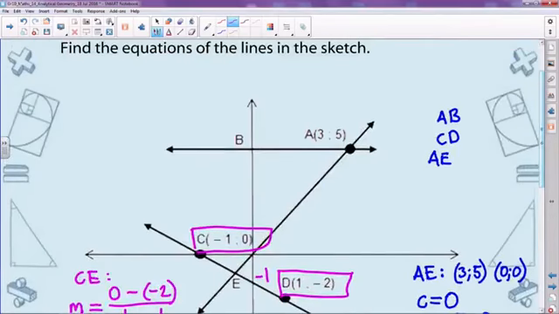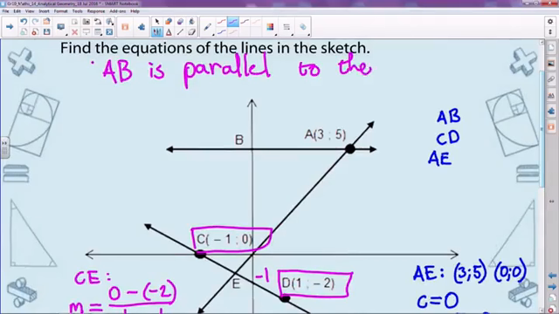Okay, now what I should have said in the question was that AB is parallel to the x-axis. And that would have told you that this point over here goes through at 5.